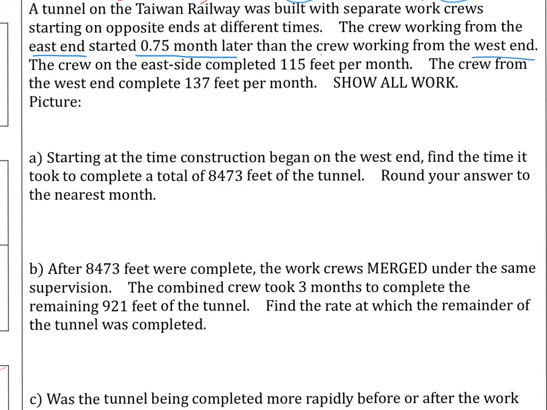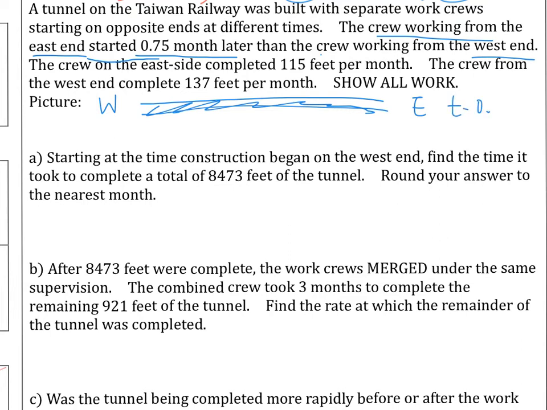Okay, so I'm going to first draw my picture here. This is my railway. This will be east, west. And it seems like the crew working from the east end started later. So this will be T minus 0.75.